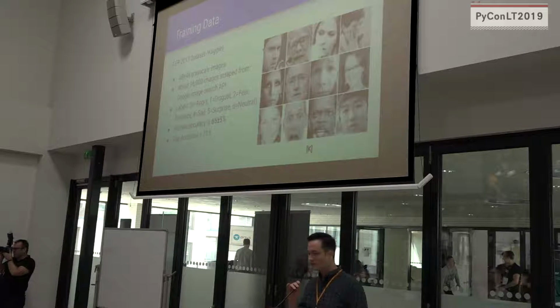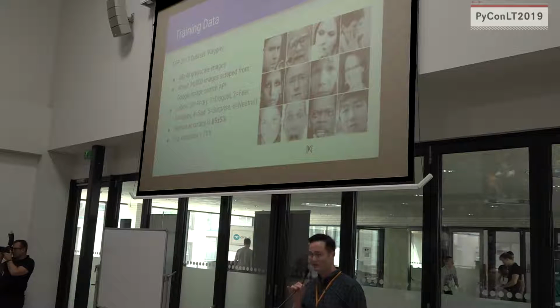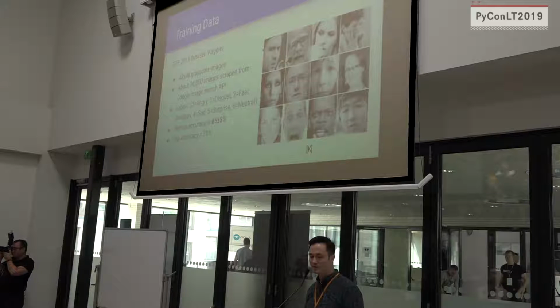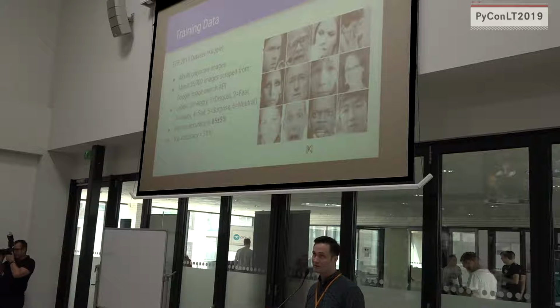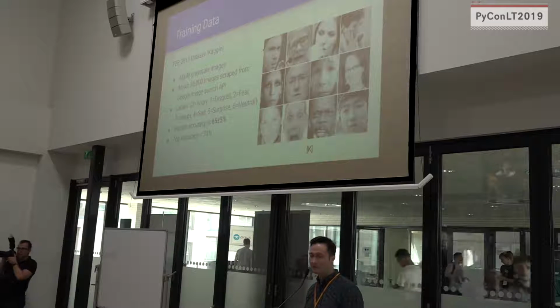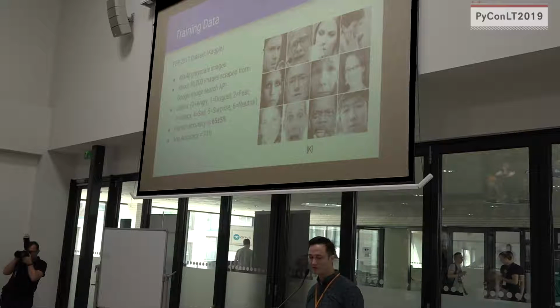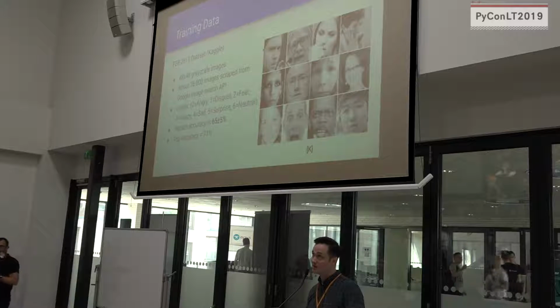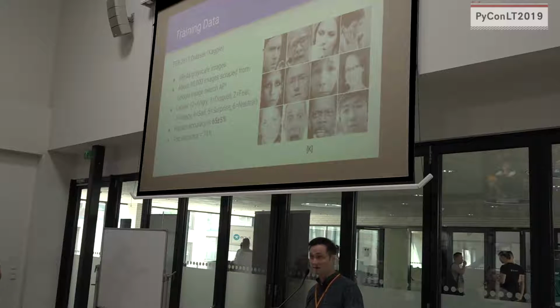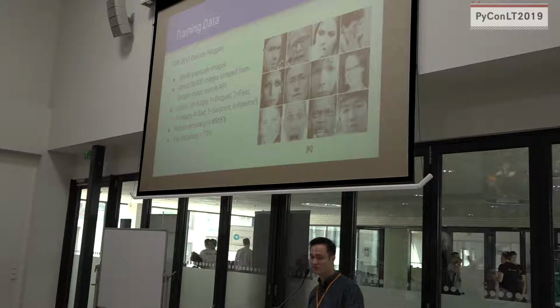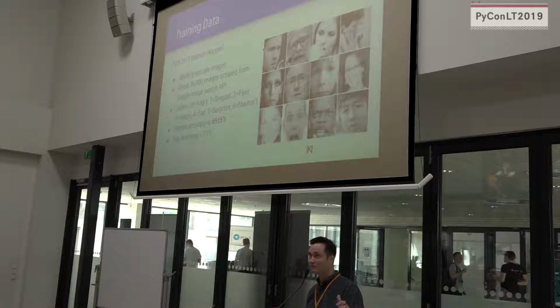The data set I was using is called FER 2013. It's a public data set from a Kaggle competition, the ICML challenge 2013. The images are 48 by 48 grayscale. There are 36,000 images, scraped from Google Images, so you could reproduce this right now.